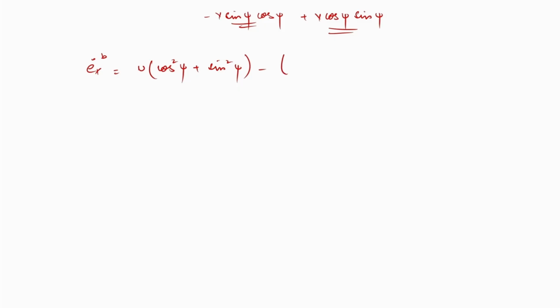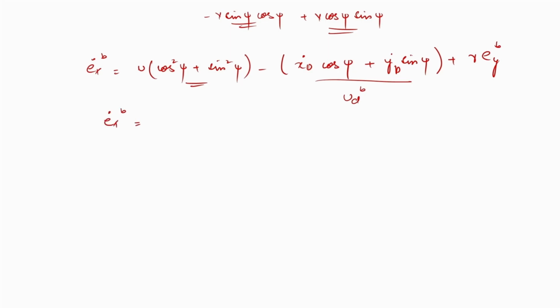So I will write with minus as a common: x psi dot times cos of psi plus y psi dot sine of psi, and then we have this term plus r e y b. So this is actually equal to 1 due to the property of angles. And let's denote this with u desired in body. So e x dot b is equal to u times 1, so this will be u minus u desired body plus r e y b.